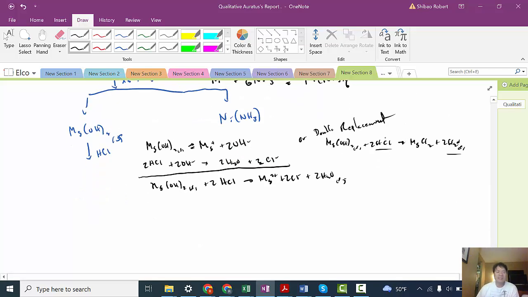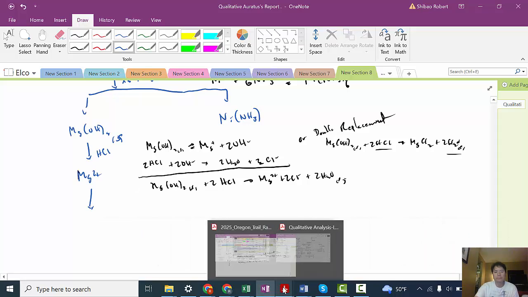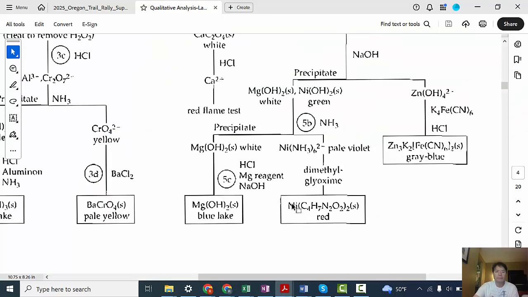All right, once we get the magnesium hydroxide to dissolve, we're going to just reprecipitate it out. And so we end up with magnesium 2 plus here. But in this case, we're going to precipitate it out with the magnesium reagent present, here, with precipitating out with sodium hydroxide.